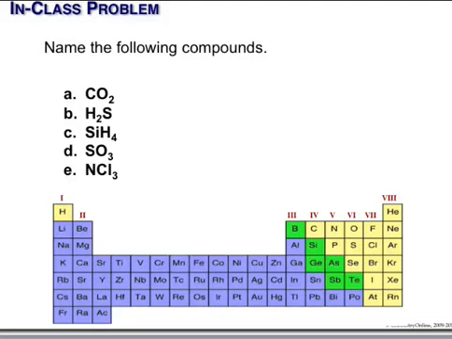Our first compound here has 1 carbon, 2 oxygens. Both of those are nonmetals. It's molecular. Our first word will simply be carbon, no mono. We have 2 oxygens, so it will be carbon dioxide. Our second compound, we have 2 hydrogens, 1 sulfur.